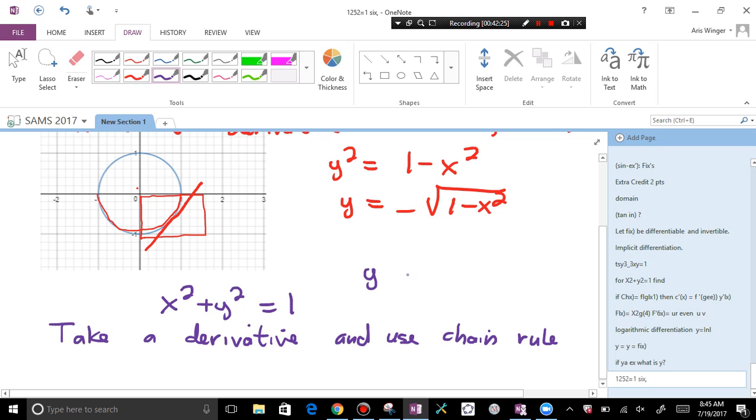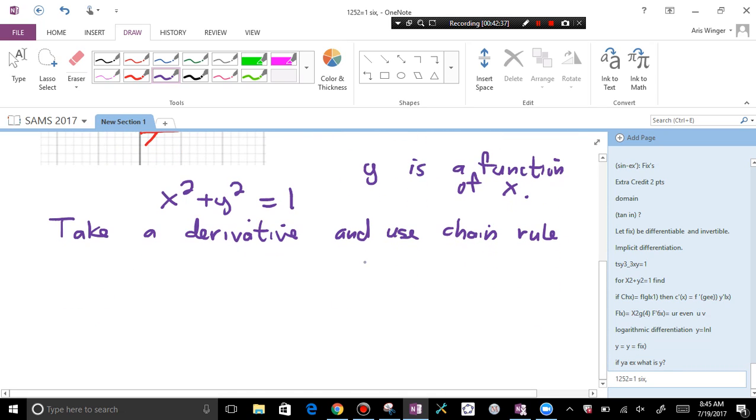Again, y is assumed to be a function of x. So that means that the derivative of x squared plus the derivative of y squared needs to be equal to the derivative of 1.